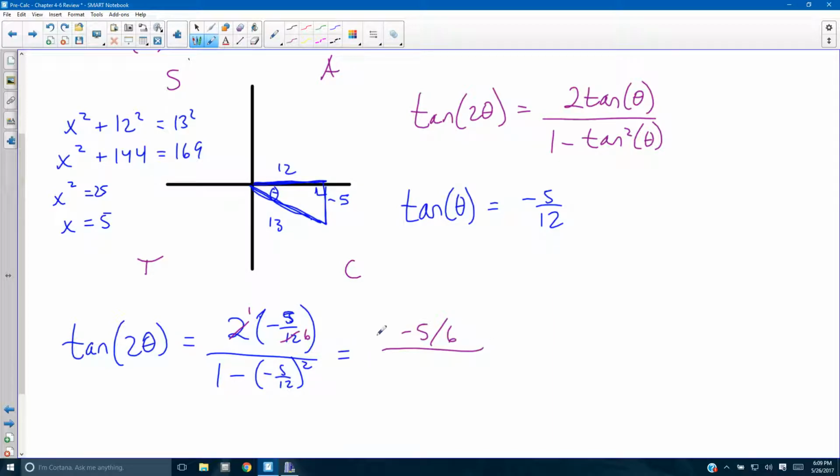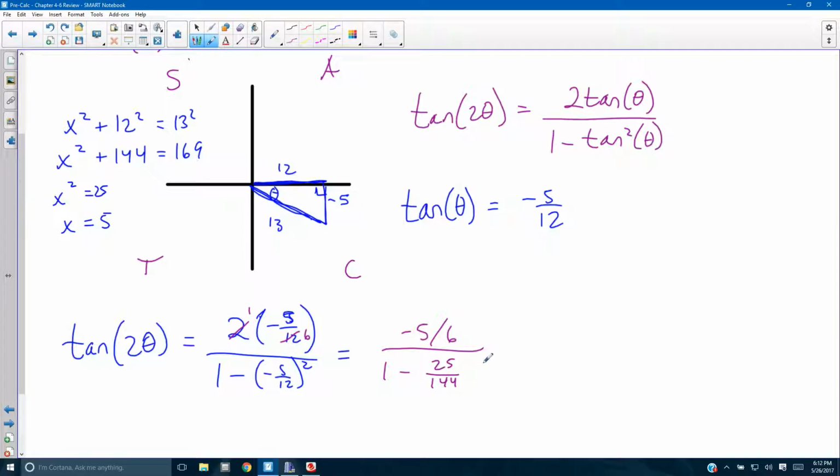On bottom, I'm going to be doing 1 minus negative 5 squared, which is 25, and 12 squared is 144. Now, this became positive as I squared it. I'm still going to be subtracting it though, because that was a negative on the outside of the quantity.